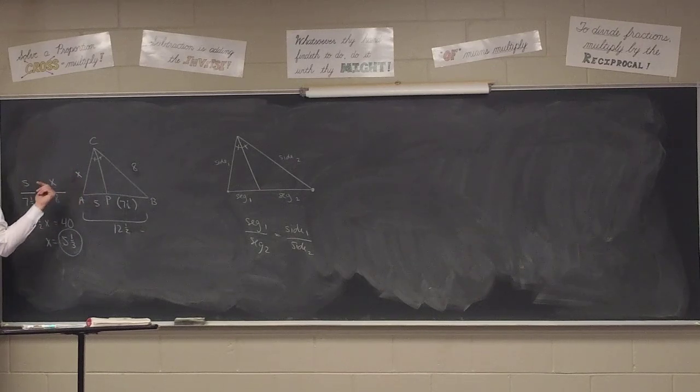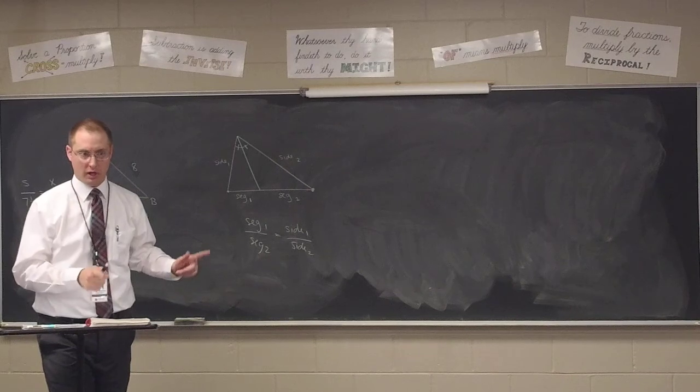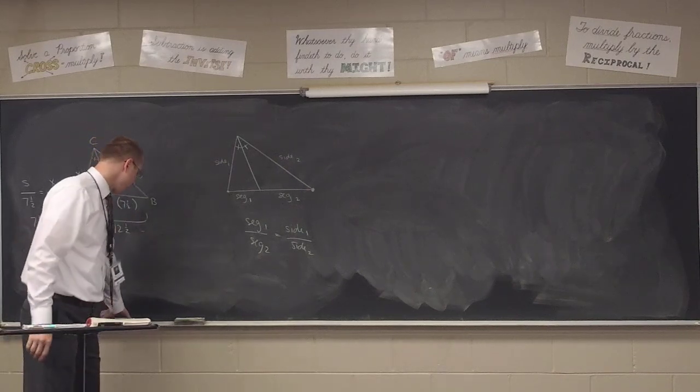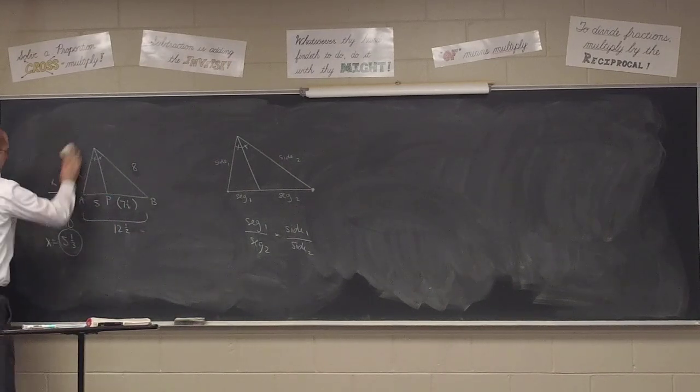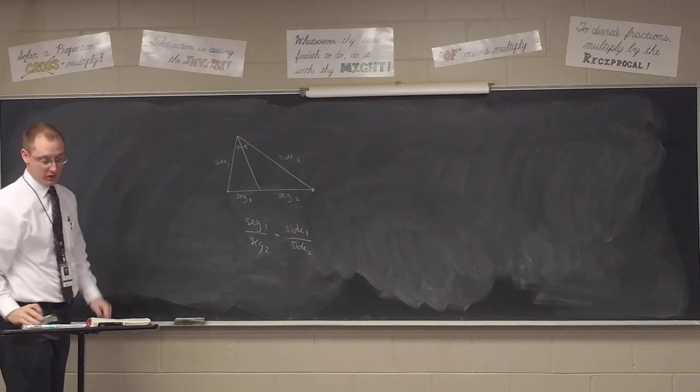Questions on this? All right, now here's where we're going to apply that external division of a line, Theorem 56. This is going to sound a lot like Theorem 55, but with a couple key changes.